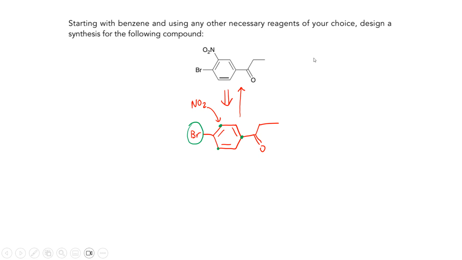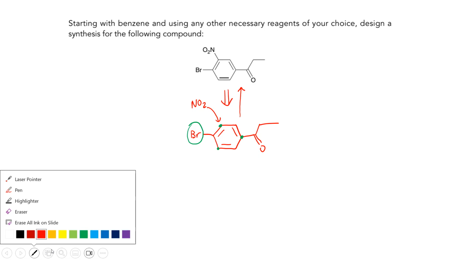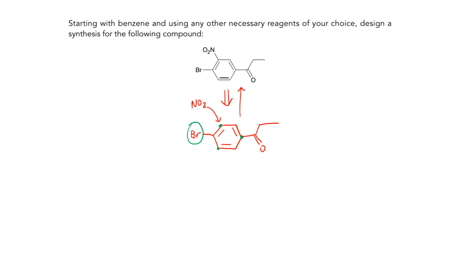And if we really want to confirm this, we know that this group is a moderate deactivator, right? Which means if it's a deactivator, it's going to go meta to that group. And again, we have a favorable situation, where we're going to get an NO2 at that position.